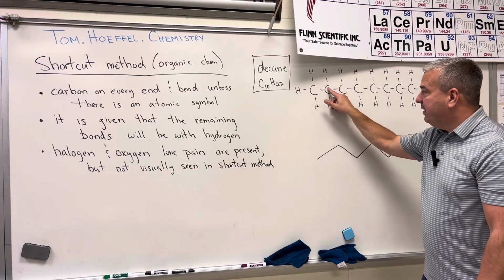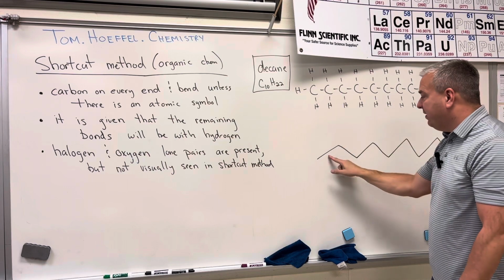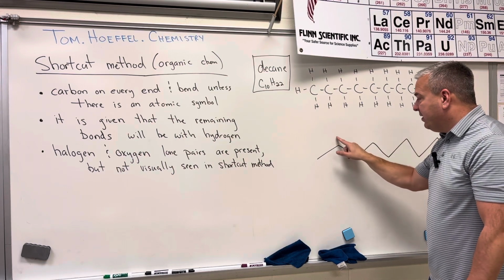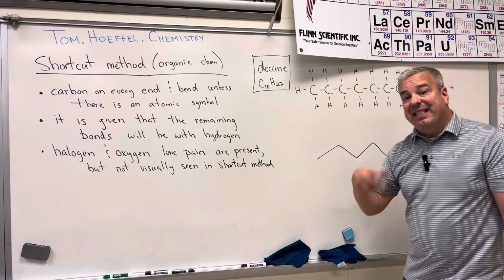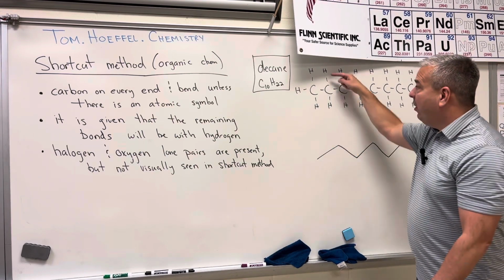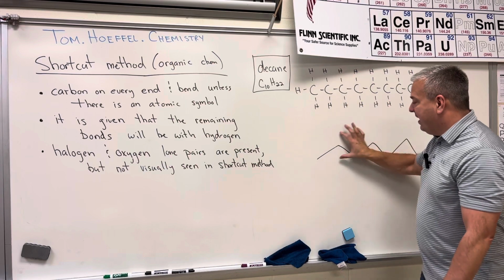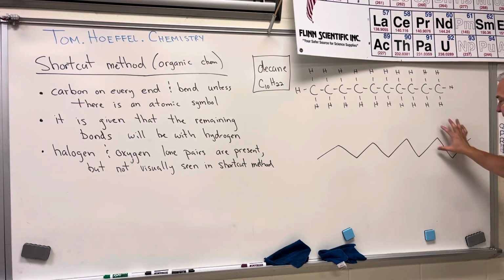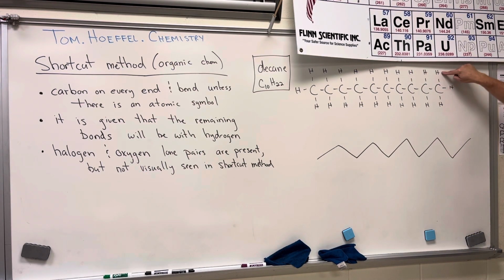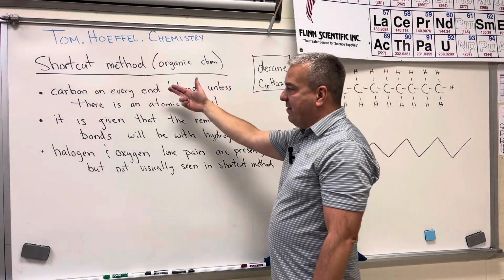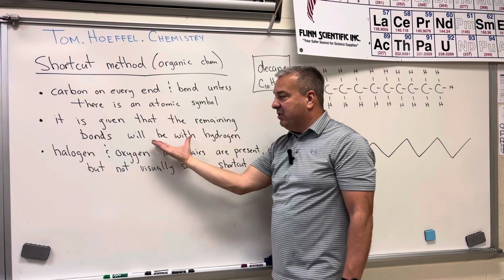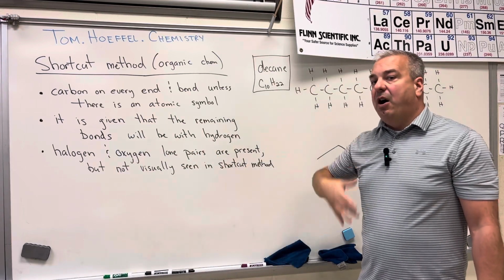So it's assumed that carbon 2, since it has 2 lines coming out of it, has the other 2 bonds with hydrogen. And that just repeats through until you get to the end where there's only 1 line, and that's when you have 3 other hydrogens. So carbon at every end and bend, and then it's just assumed that the remaining bonds are going to be with hydrogen.